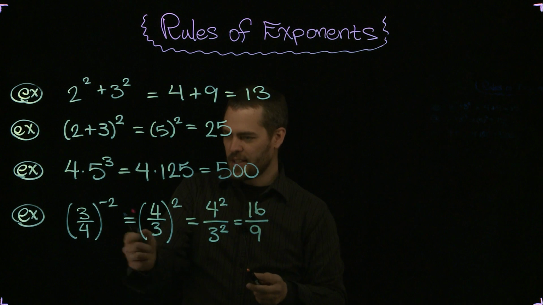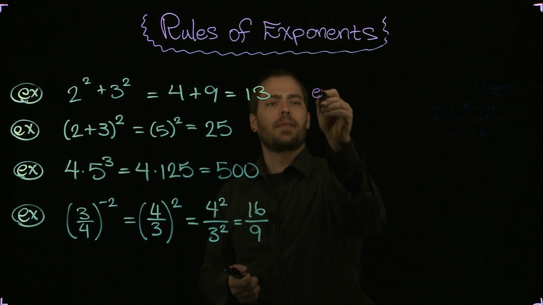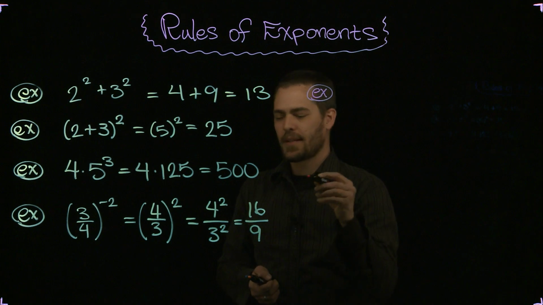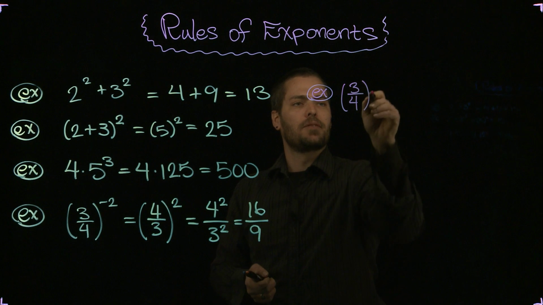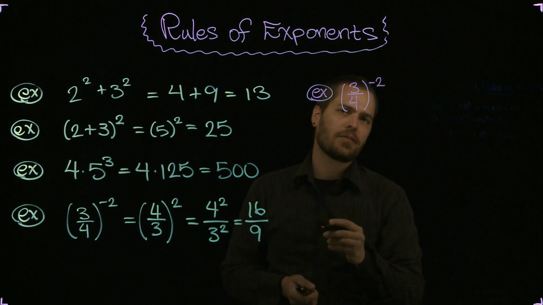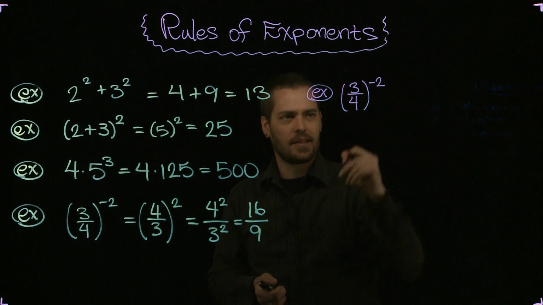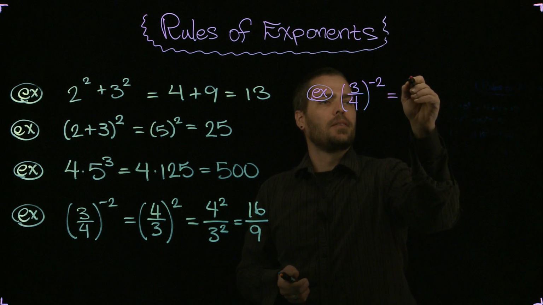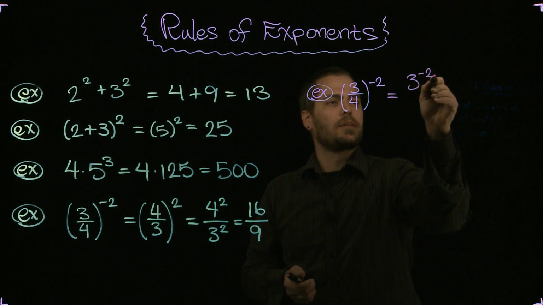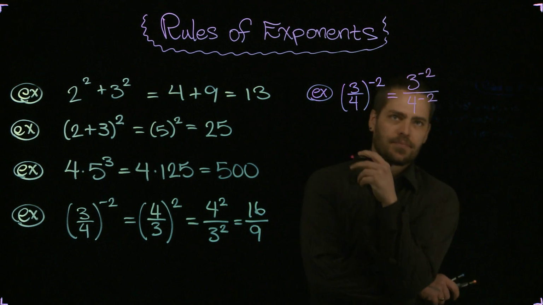Let me show this a slightly different way to illustrate something else that I want to get to. Okay, so same example. I'm going to start with that 3/4 to the -2. You can, if you'd like, distribute that power right away. And depending on how complicated this inside of the parentheses is, you may want to do that. Let's take a look at what that would look like here. 3 to the -2 over 4 to the -2.